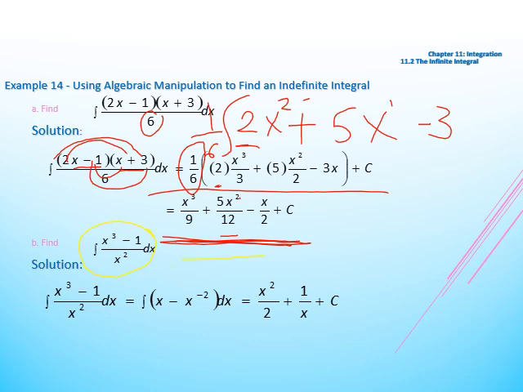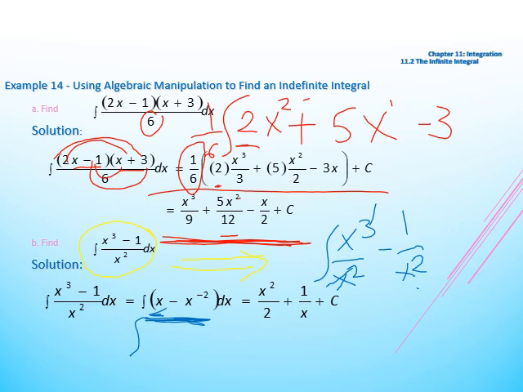First, you can simplify this integral in this form: x^3 over x^2 minus 1 over x^2, which is equal to the integration of x, since x^3 over x^2 equals x, and 1 over x^2 equals x to the power negative 2. And then applying the integration rules simply.